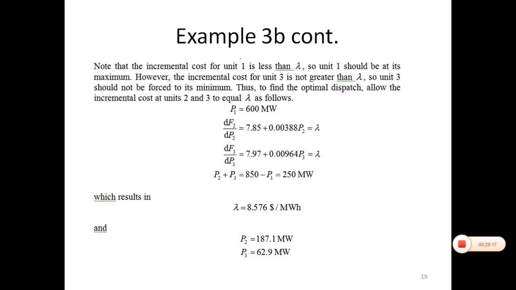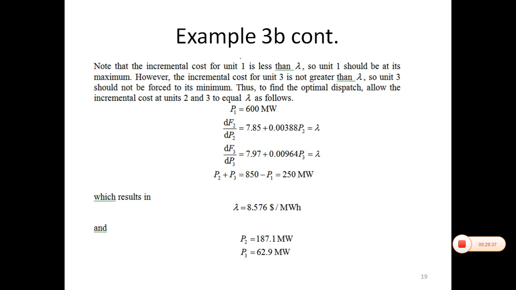For unit 1, the incremental cost is less than lambda, so unit 1 should be at its maximum. But for unit 3, its incremental cost should be greater than lambda, and here it is not satisfying it.